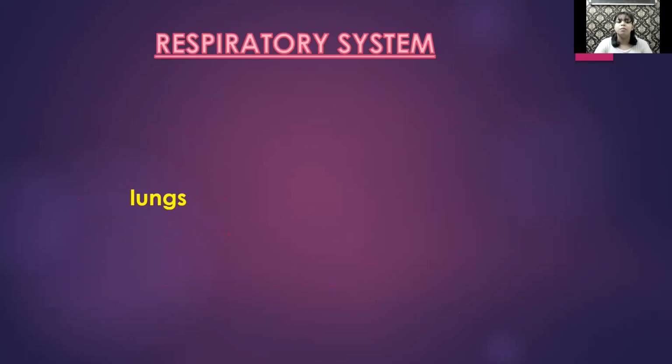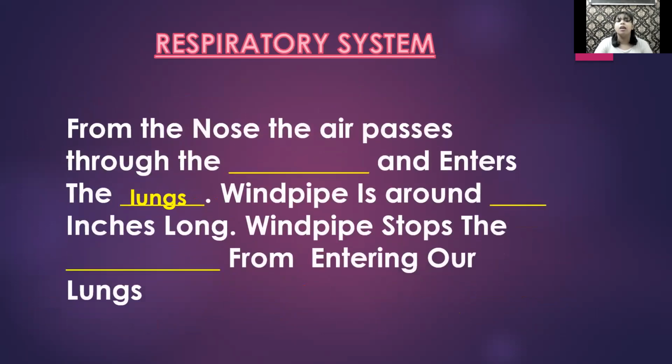Moving on. From the nose, the air passes through the windpipe and enters the lungs. The windpipe is around 4 inches long. The windpipe stops the dirty particles from entering the lungs.